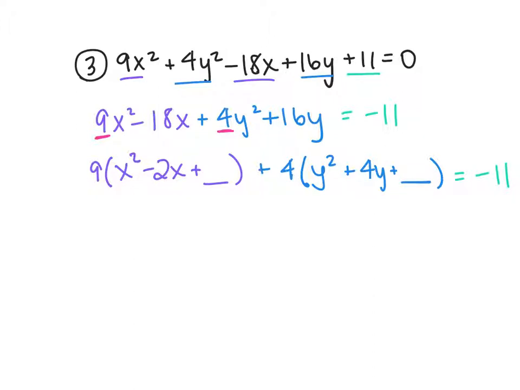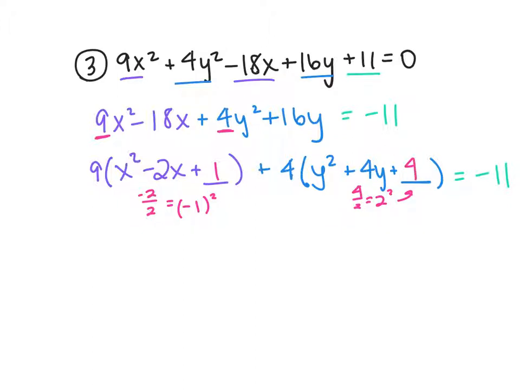So now we need to complete our square for both of these. So for x's, divide by 2. So negative 2 divided by 2 is negative 1. Squared is 1. On the y's, 4 divided by 2 is 2. Squared is 4.